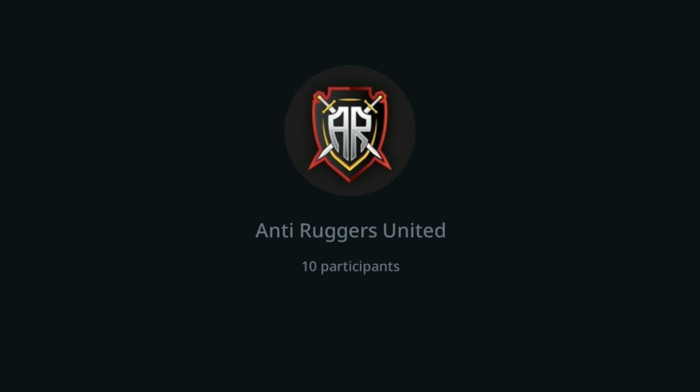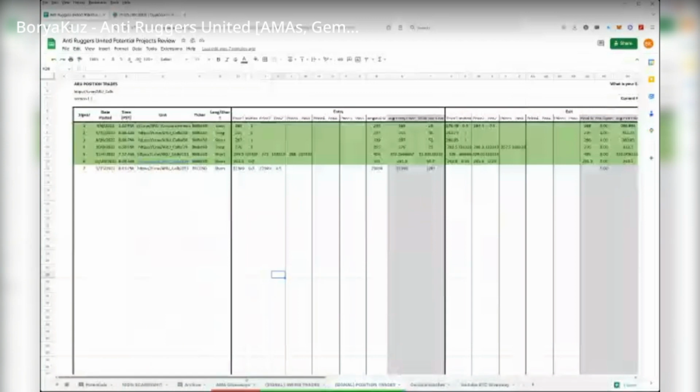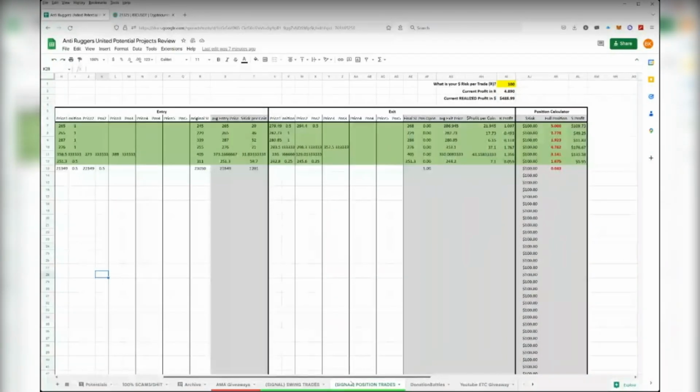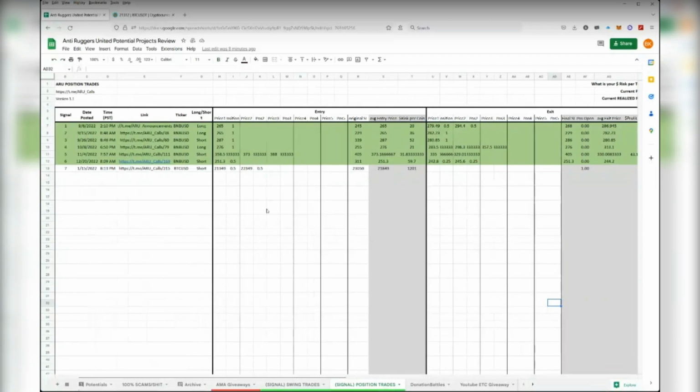So I'm gonna risk $100 in this trade, and $100 tells me that I need to buy 0.083 Bitcoin.